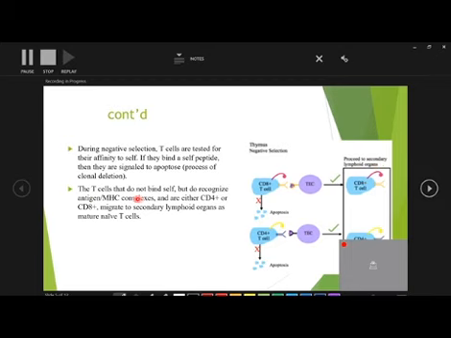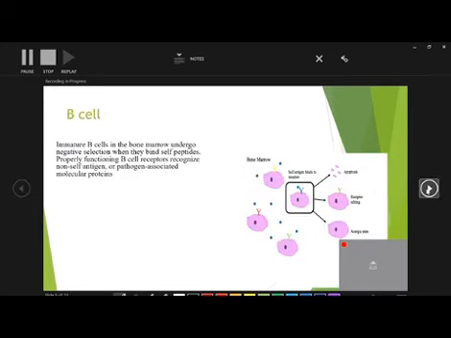The T cells that don't bind self but do recognize the antigen found on the complex, either CD4 or CD8, migrate towards the lymphoid organs. We have also the B cells. The immature B cells are found in the bone marrow under negative selection.